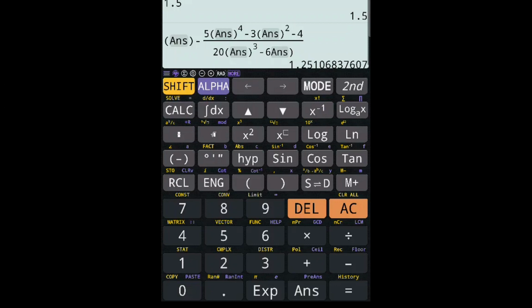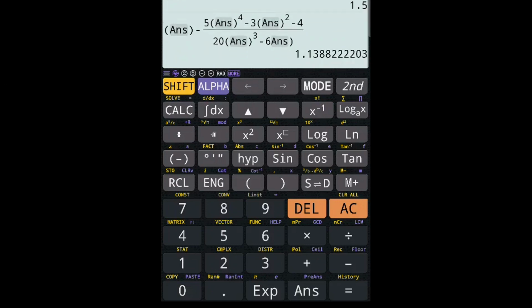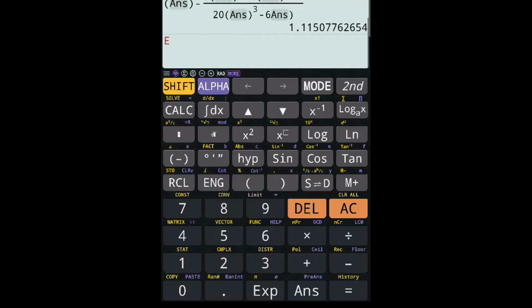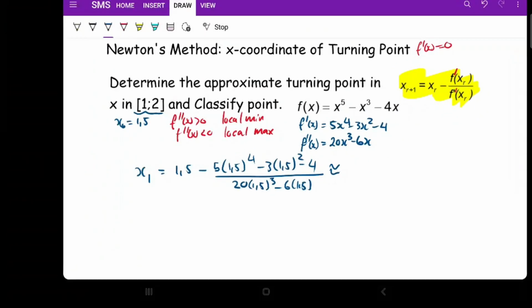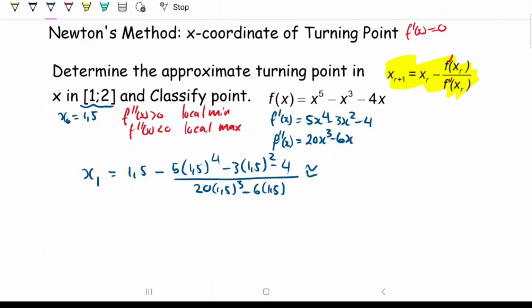Then what you want to do is continue with this process on and on until you get the approximation value. You'll go on, and you can see as I press equals, it does converge to this very number there. Because it has hit that convergence, this will be the x value of my turning point. So you get back to the question that you're doing.